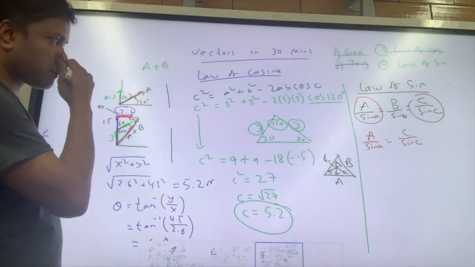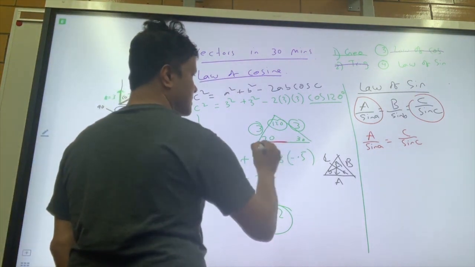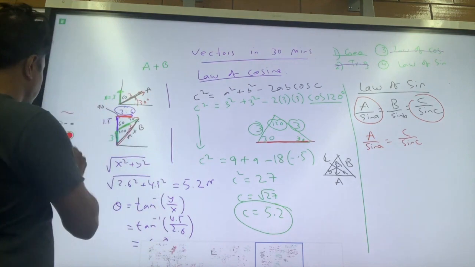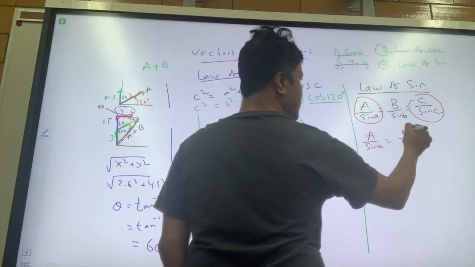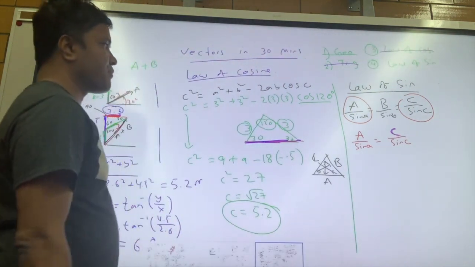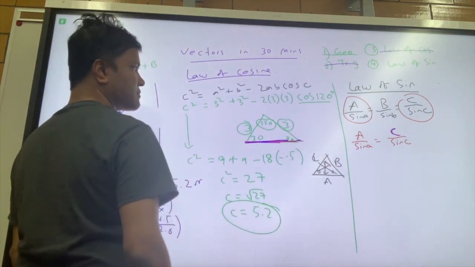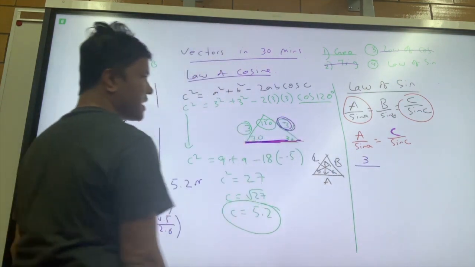Okay. We want to find C. This is C. This is unknown. We want to find this. We know A. A is 3.